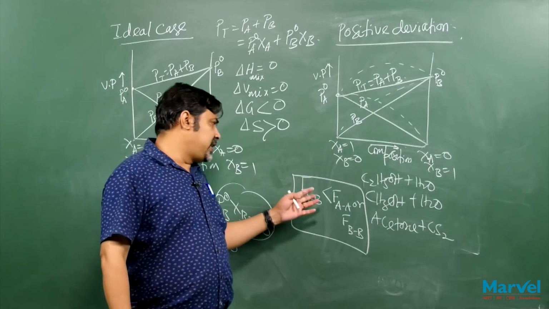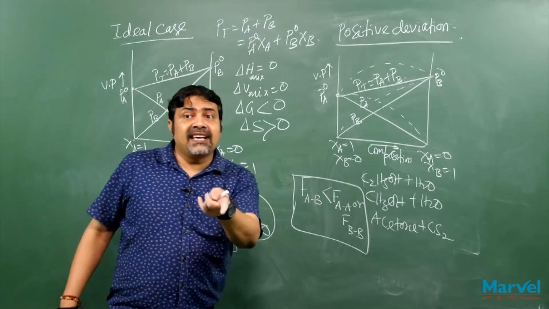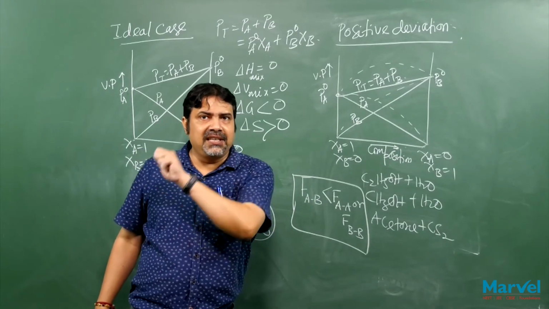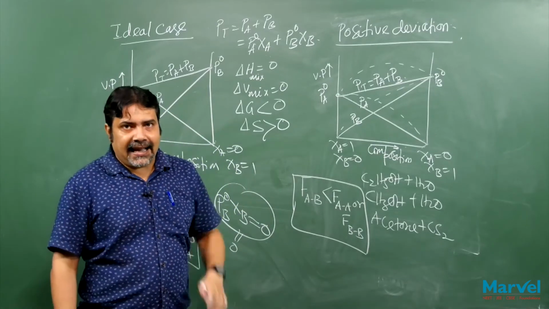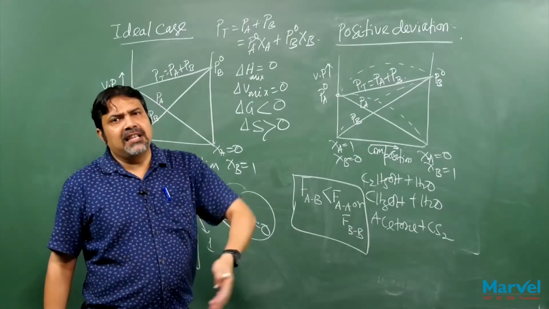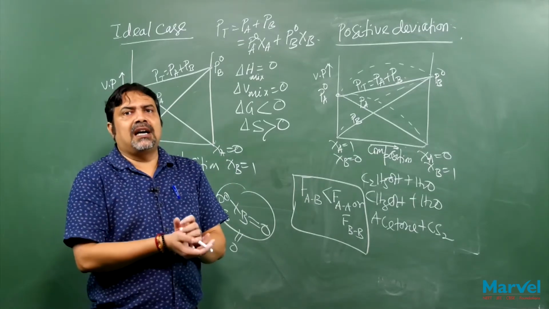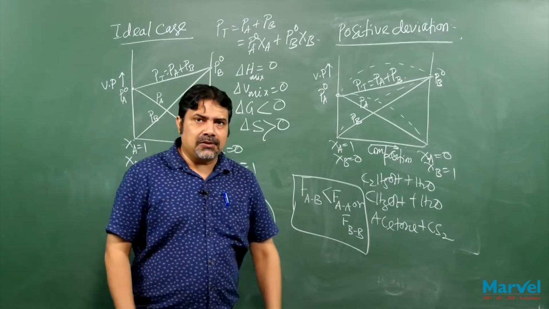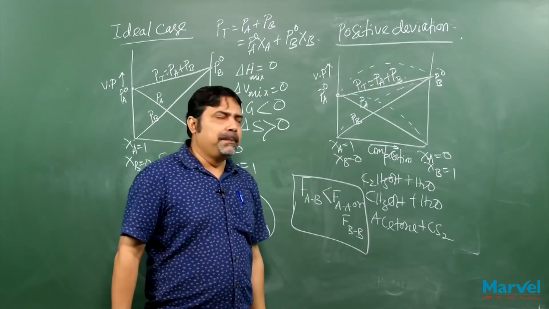Here we can say the force of attraction between A and B is lesser, whereas the escaping tendency of A and B is higher compared to AA or BB. As the escaping tendency is higher, they will produce very high vapor pressure, so they will go above the ideal line. That is why this shows positive behavior.